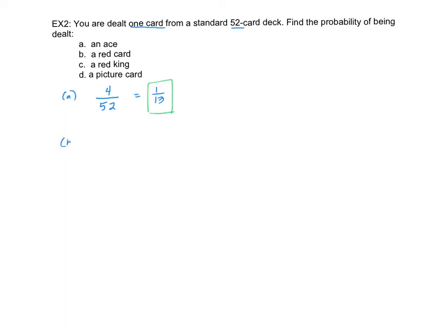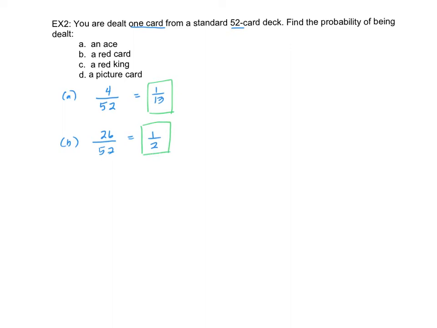Let's look at B. A red card. Well, out of the 52 cards, half of them are red. If you count the red cards, there's 26, which gives us the 1/2. Makes sense because half the deck is red.